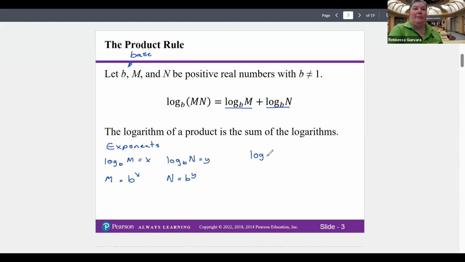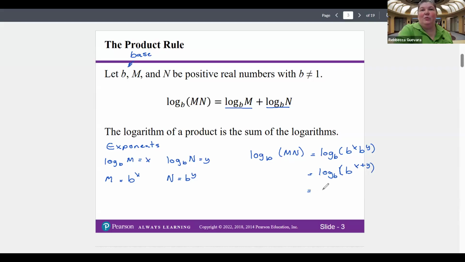So if I take log base b of mn, that's just equal to log base b of b^x times b^y, which would be log base b of b^(x+y). And because it's the same base, we're just left with x plus y. And back here, we know that x is just log base b of m, and y is log base b of n.